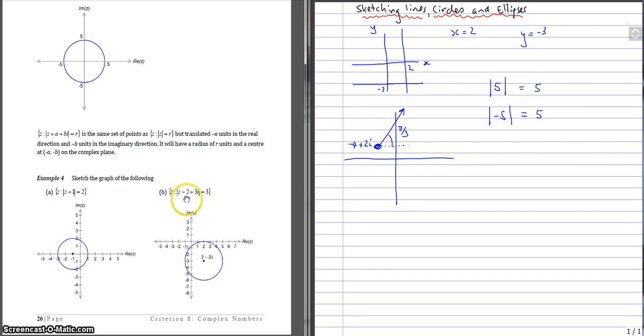Okay, so it's the modulus of z minus 2 plus 3i, and so it's being translated 2 units to the right and 3 units down. Okay, so its centre will be 2 minus 3i. So we just find the centre and we draw a circle based on this radius.